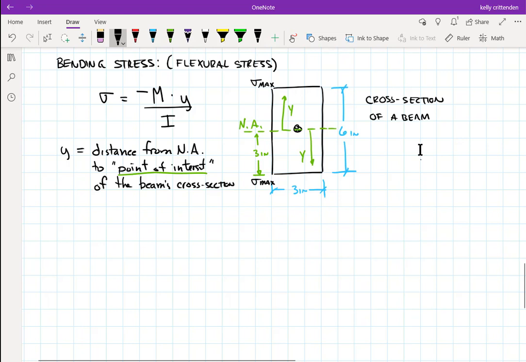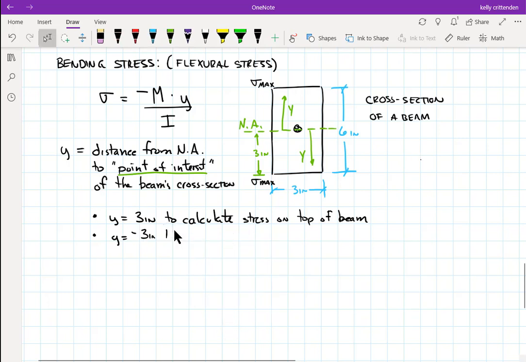So for this little beam, Y equals 3 inches to calculate stress on the top of the beam, and Y equals negative 3 inches to do the same thing, calculate stress, but on the bottom of the beam.